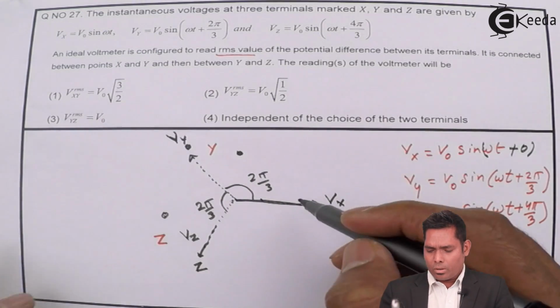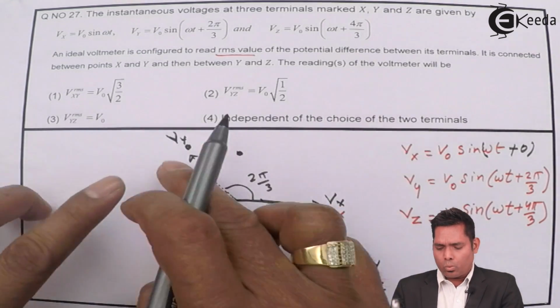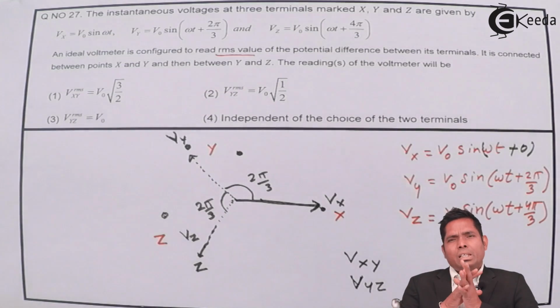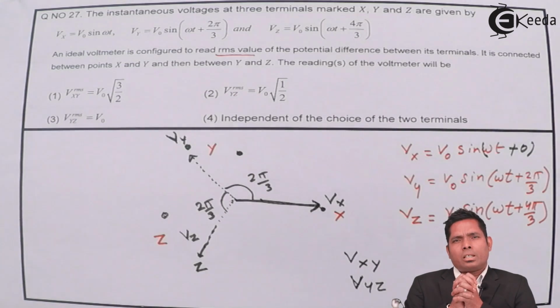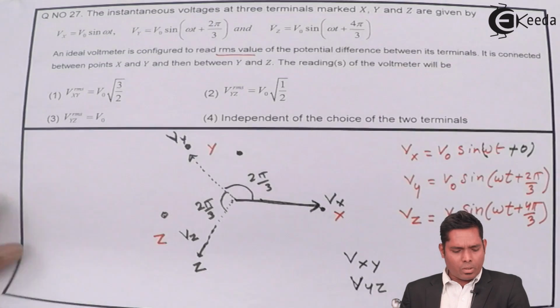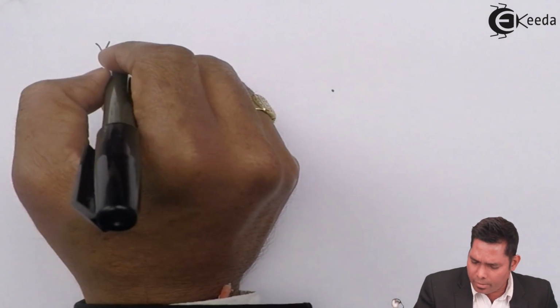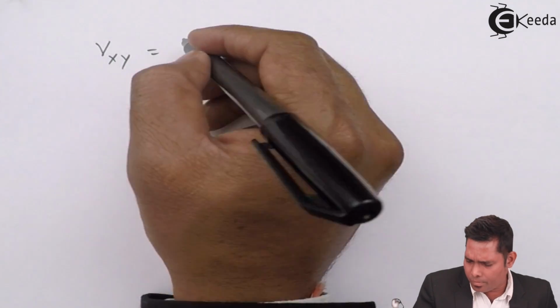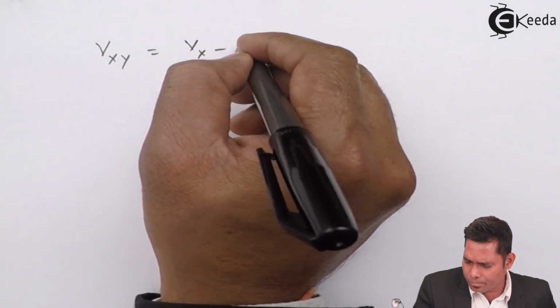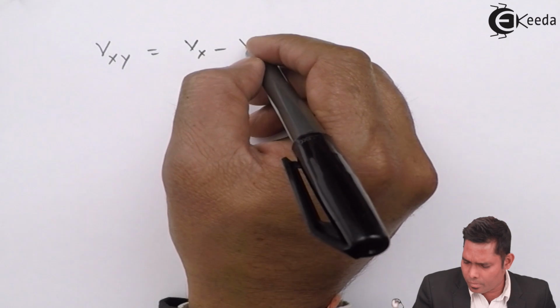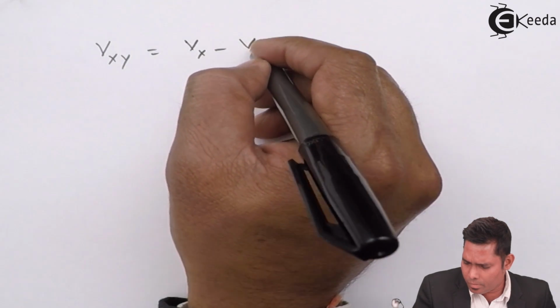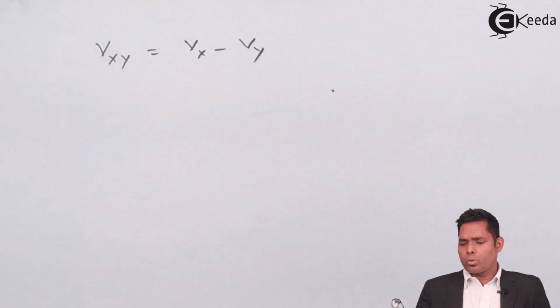Now you have to find the potential difference between these two. Basically the potential difference is V2 minus V1, or I will just find for you Vxy, that is Vx minus Vy, the potential difference between the two terminals.